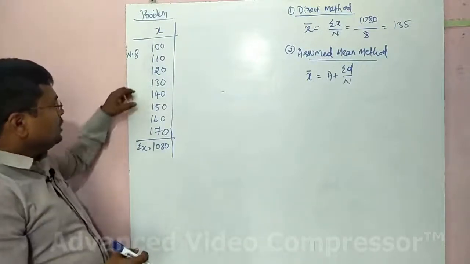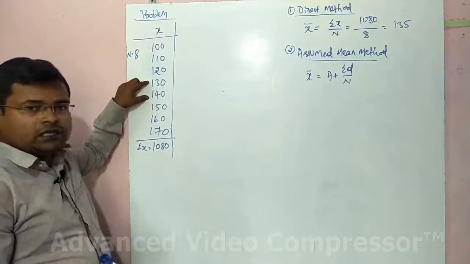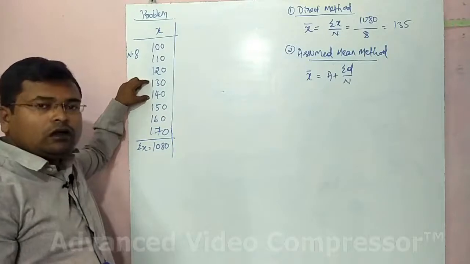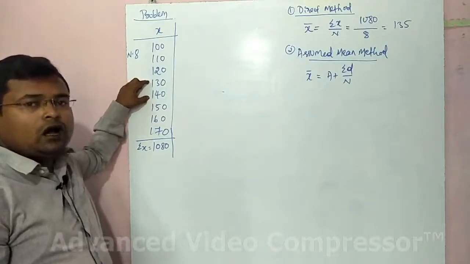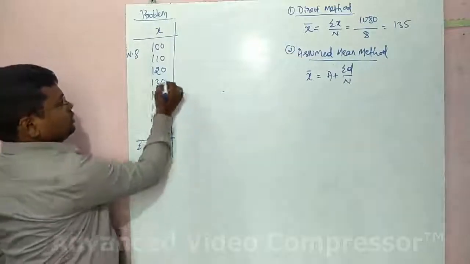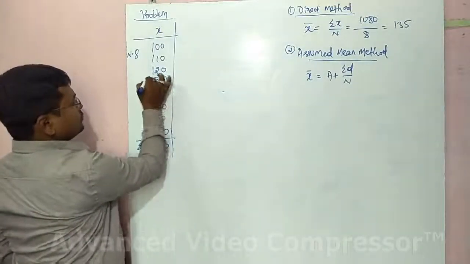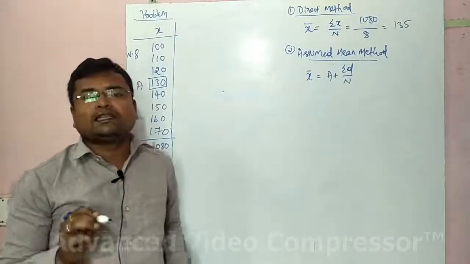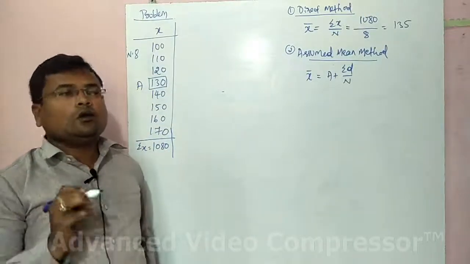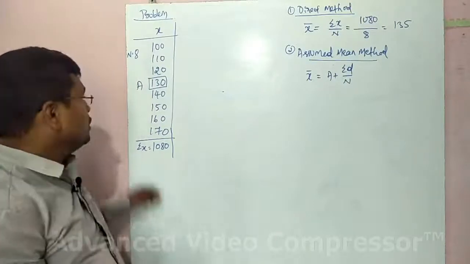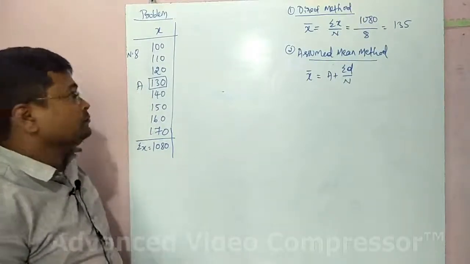Here there are two middle numbers, 130 and 140. We can take anyone of these two middle numbers as a. Now we have taken 130 as the assumed mean. We have considered 130 as a.